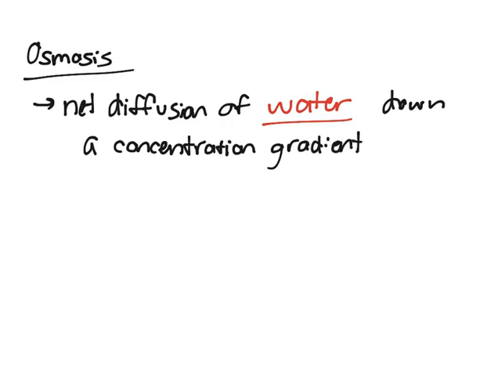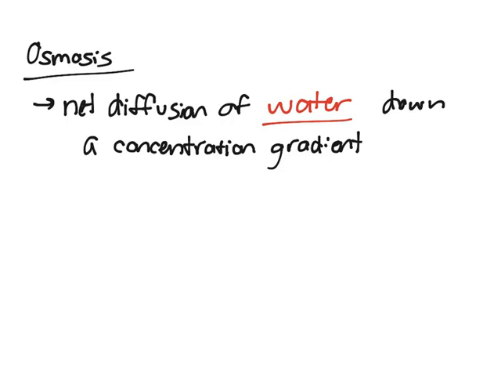In comparison to diffusion, it's a lot more specific in that it's talking about water moving from a high to low concentration. Diffusion could mean cologne moving from a high to low concentration, or food coloring moving from a high to low concentration, or someone who really stinks, like body odor, moving from high to low concentration.